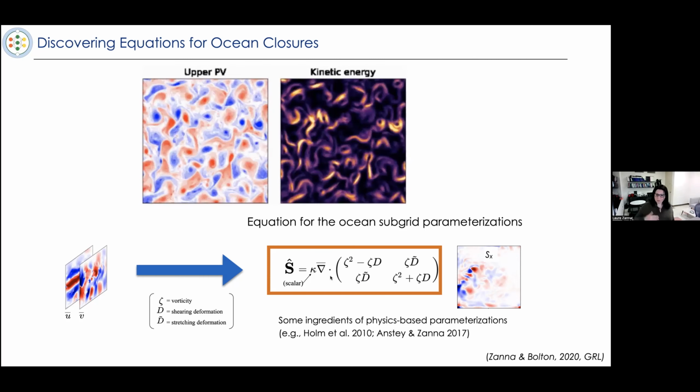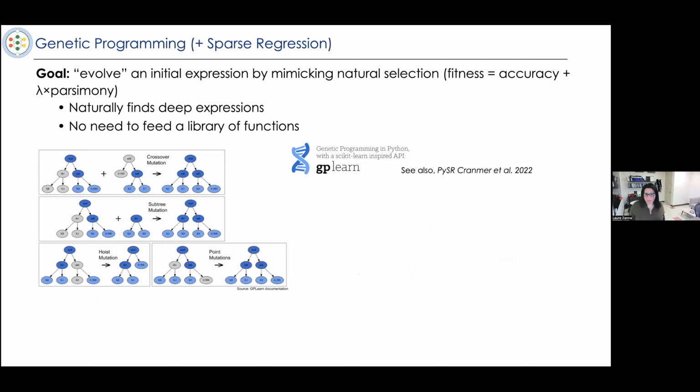So we went down another path, which is called genetic programming. In this case, it's purely symbolic operations that are generated by the algorithm. So what do we do? We still start with some input variables. We still diagnose the subgrid forcing.